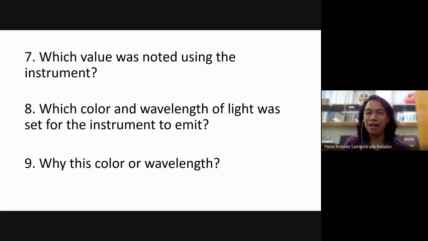After all, the reagent will turn blue with the protein, right? So what if I'll just use blue, a shorter wavelength? Why must I use yellow? No answers yet?